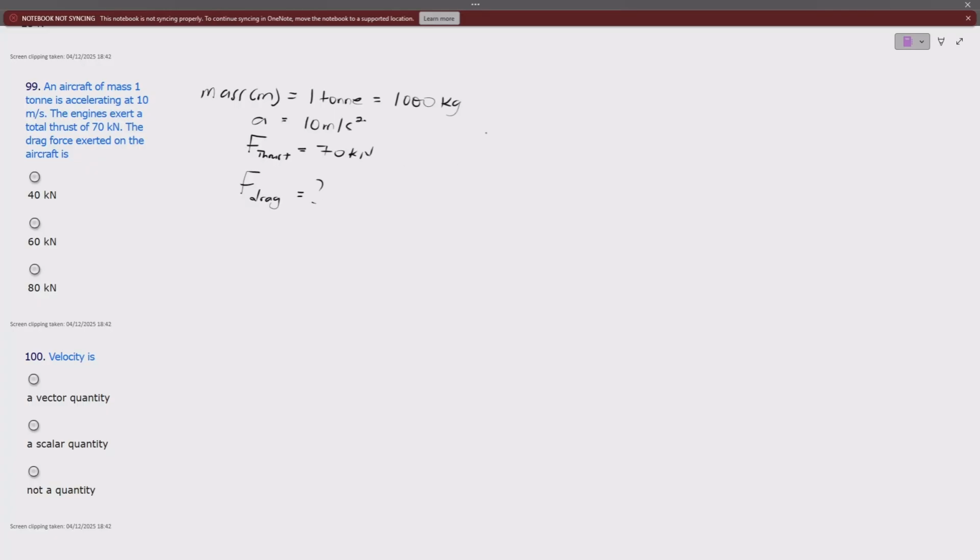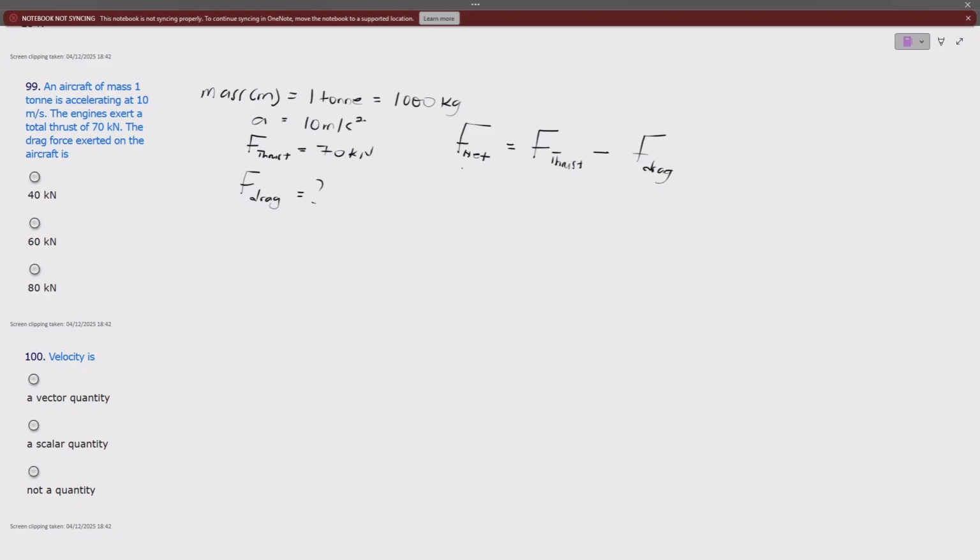So using the formula, the net force of an aircraft equals the thrust force minus the drag force. Right, so the net force, that's the mass times the acceleration.